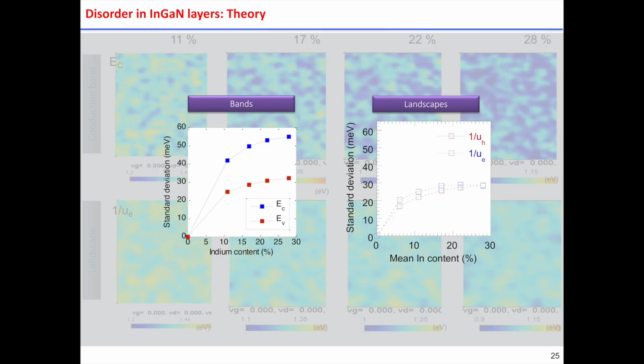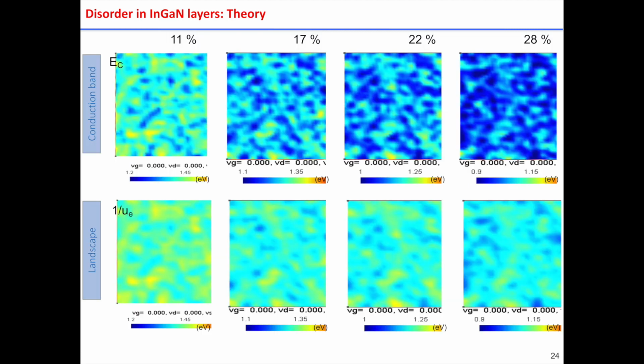If you look into more details, sorry, I went too fast. If you look at the maps of fluctuations of EC and fluctuations of U, you see that again the fluctuations in EC are much stronger than for U, because in U you have smoothed out the fluctuations by quantum confinement and by quantum tunneling.